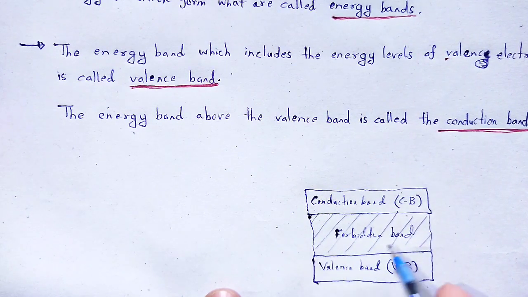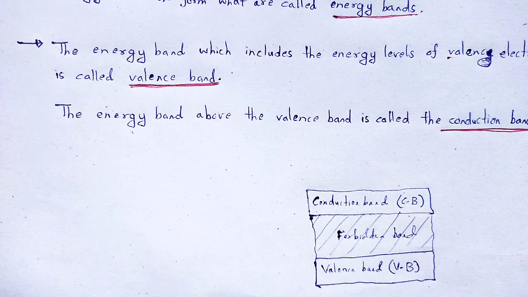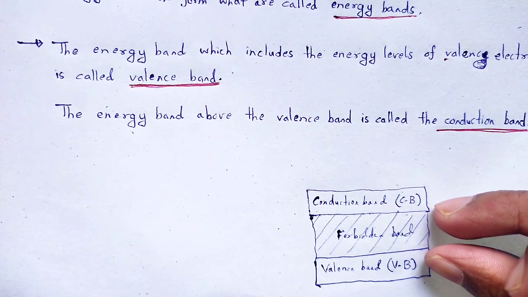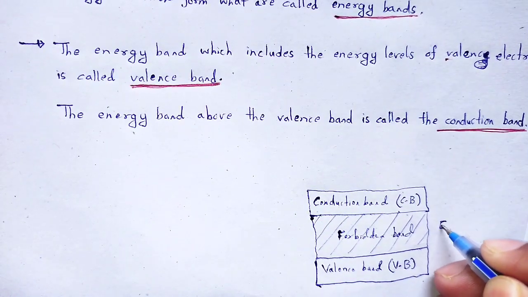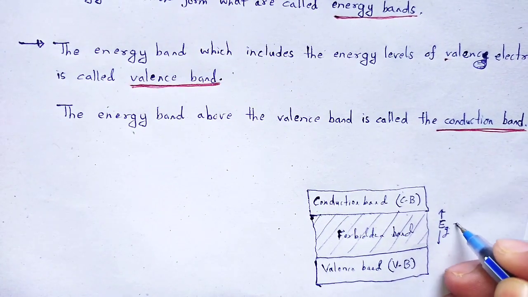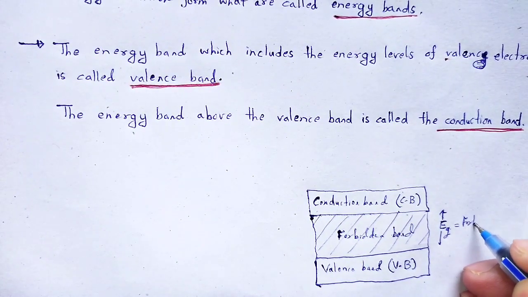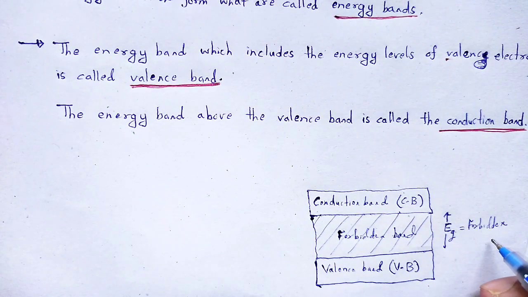No energy levels are allowed within that region, and the energy possessed by that band gap is known as the forbidden energy gap, which is denoted by Eg.